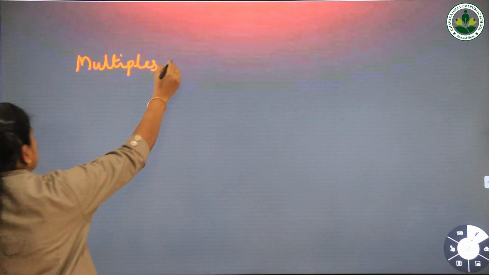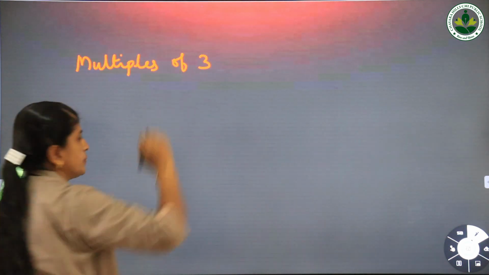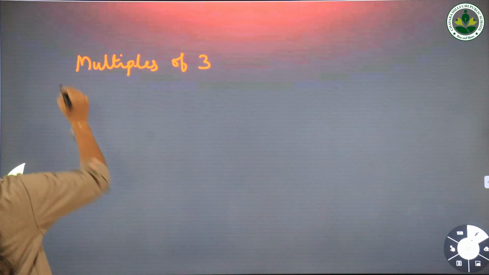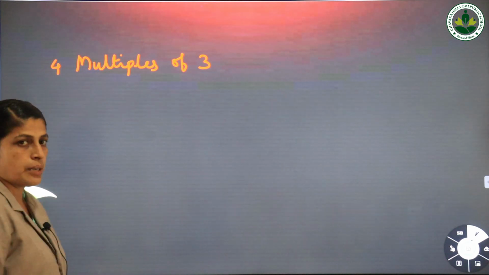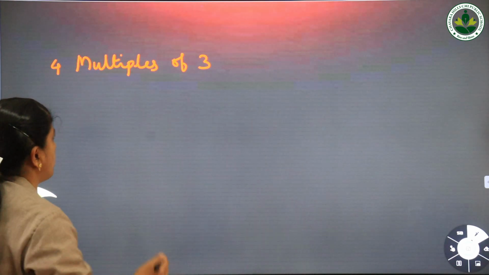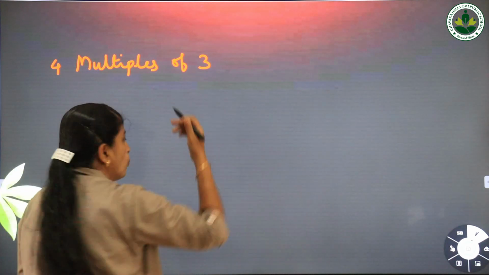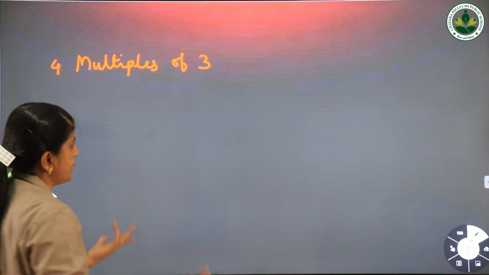Find some multiples, say 4 multiples, of 3. To find those 4 multiples, you can multiply 3 by 1, 2, 3, 4 or any other number.